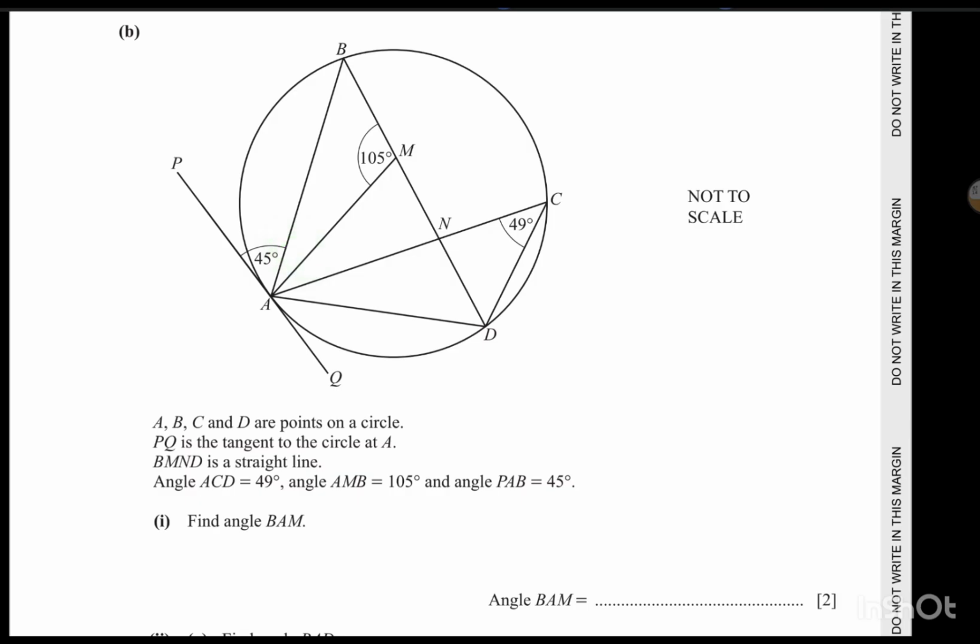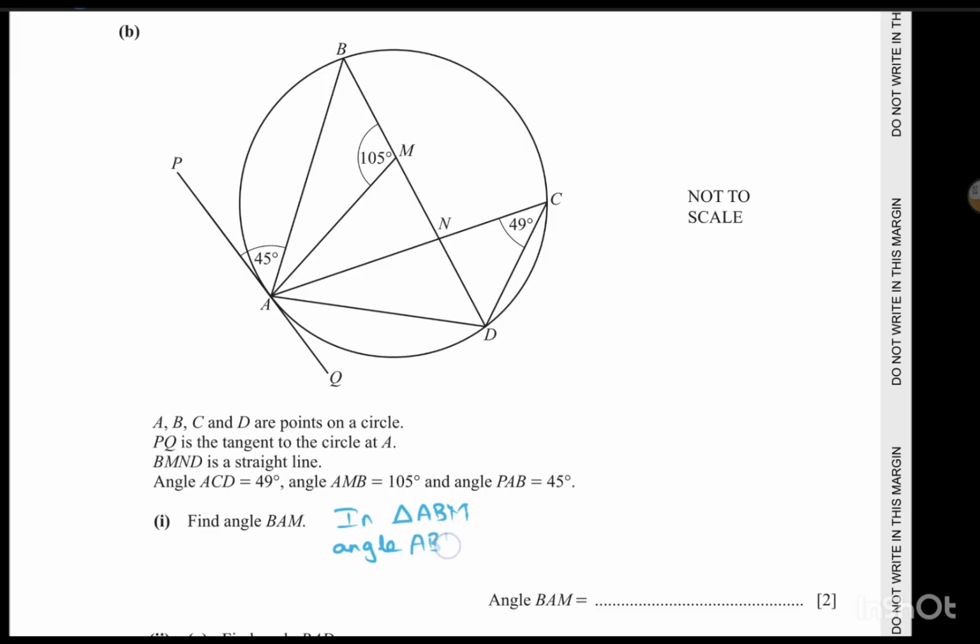Okay, so for that, let us see the triangle ABM. In triangle ABM, angle ABM will be 49 degrees.